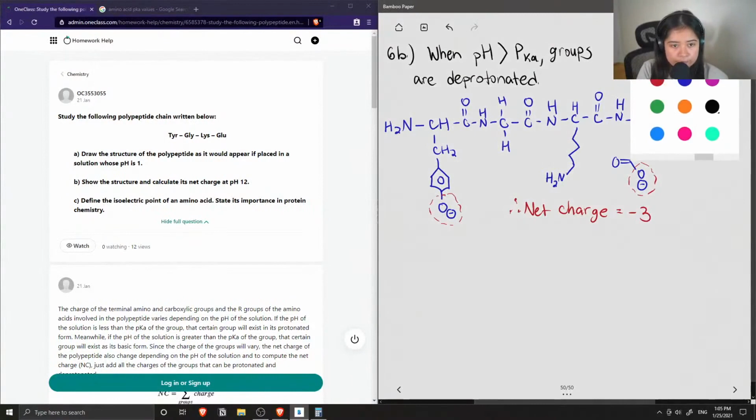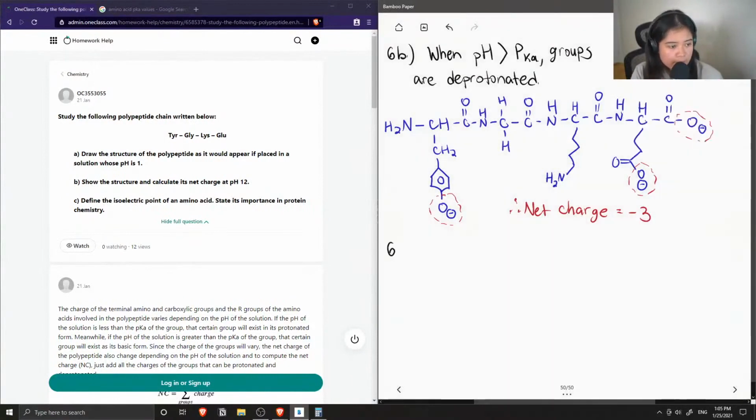Okay, so now let's read 6c. Define the isoelectric point of an amino acid. State its importance in protein chemistry. Okay, so the isoelectric point, let me write it down.